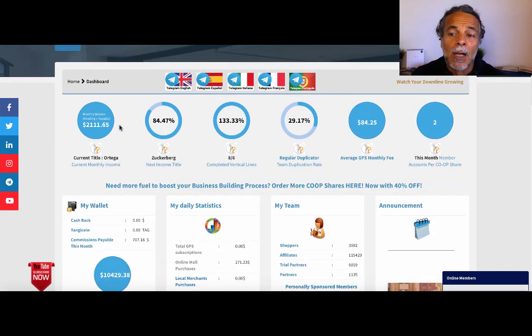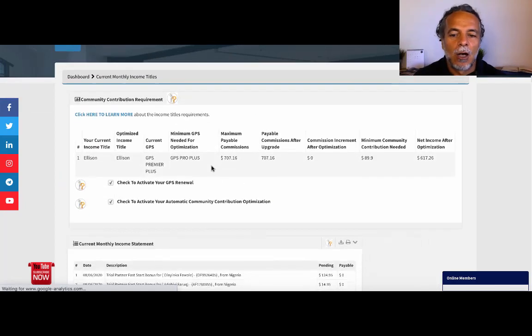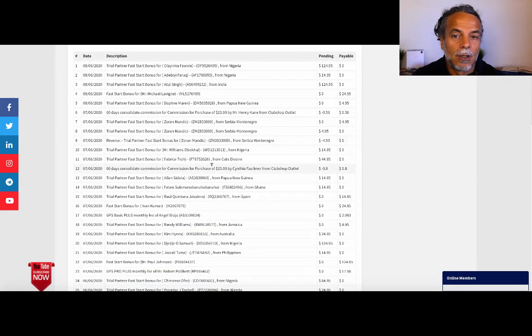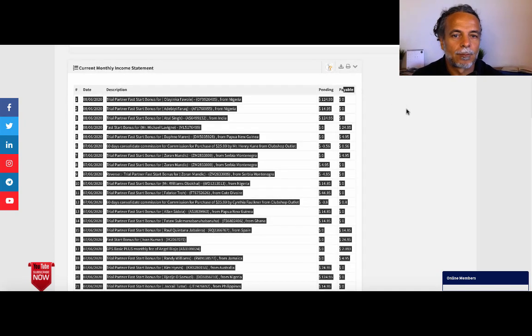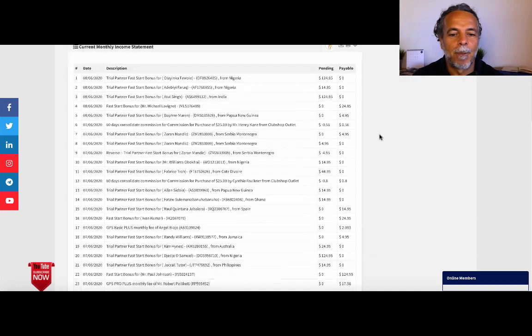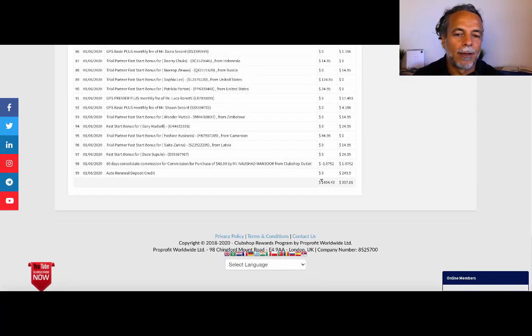Okay, so let's go back to the current monthly income. You see here that if you click, you can see the details of your monthly income, and you see the two columns, pending and payable. You see that at the bottom you have the two totals. So you have 1,400 in pending and 957 already payable.